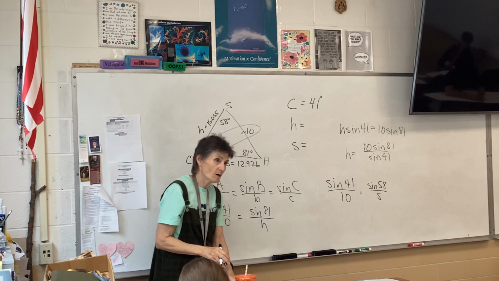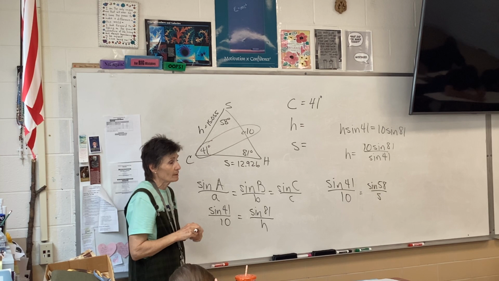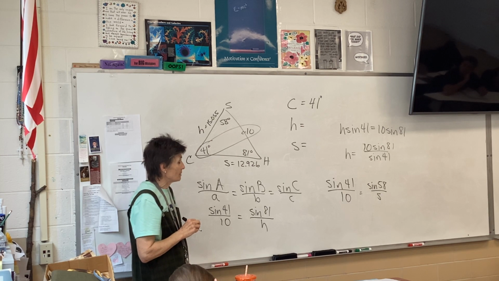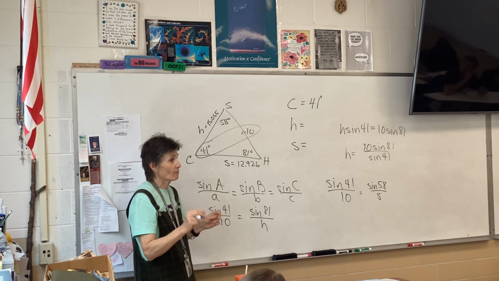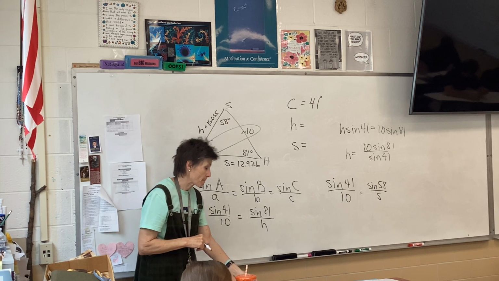Okay, we love our law of sines. Now, there is one little glitch we'll talk about, but usually the law of sines is our favorite thing, it's so easy. Okay, let's look at the next problem.